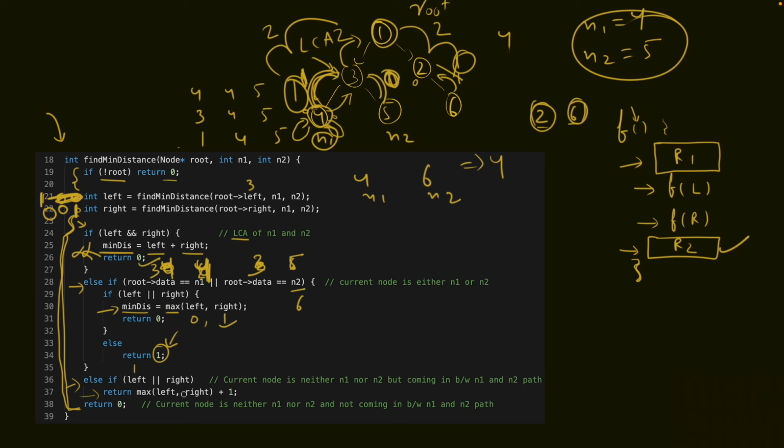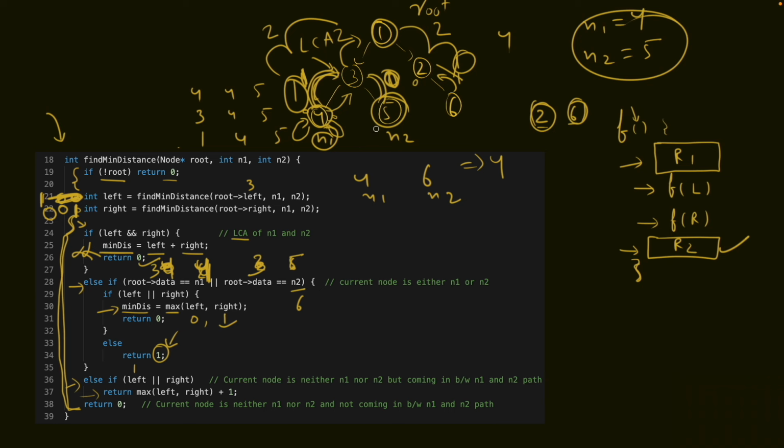And let's suppose you are not hitting either of these 3 conditions, then you will hit this 4th condition, which is: current node is neither n1 nor n2 and not coming in between the n1 and n2 path, which is 5. So let's remain at the current situation only. We are looking for n1 and n2, which is 4 and 6. And let's suppose you are at this location right now.